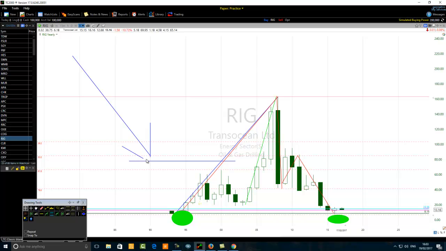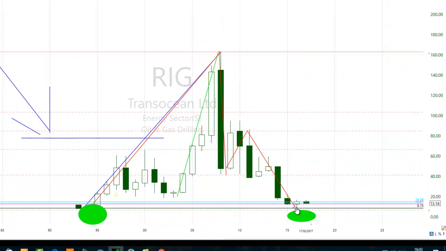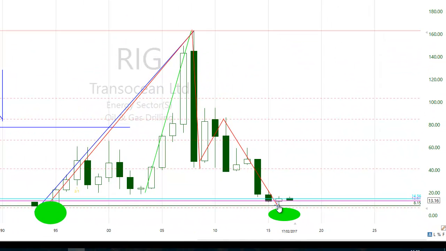Don't forget, when a correction has ended, people usually expect that a new trend will begin straight away. Sometimes it will not, due to fundamental reasons or market sentiment, or the general market cycle.